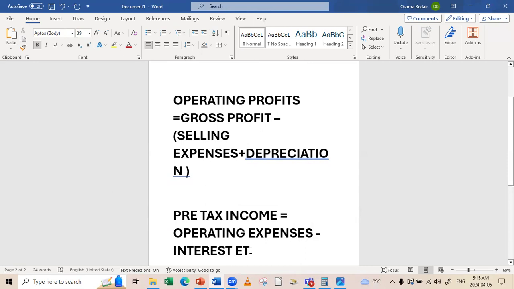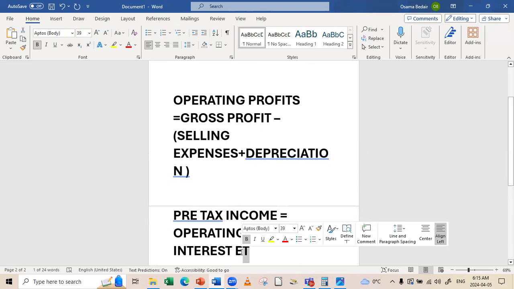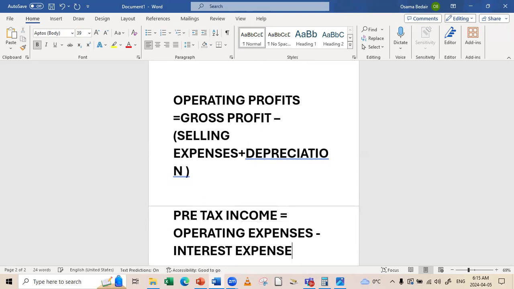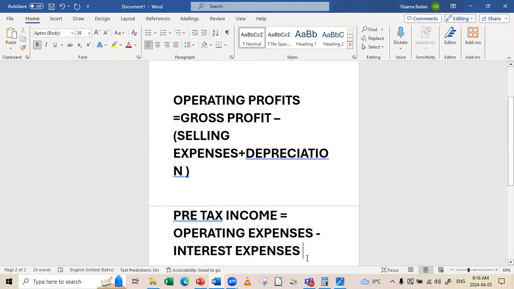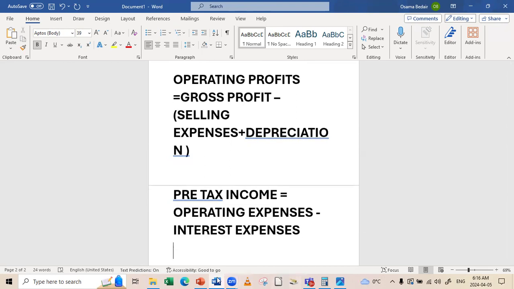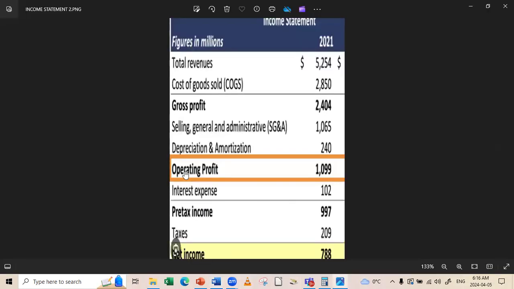Here it is. I have here the operating profits, 1099, minus 102. That will give me 997, the income before tax.